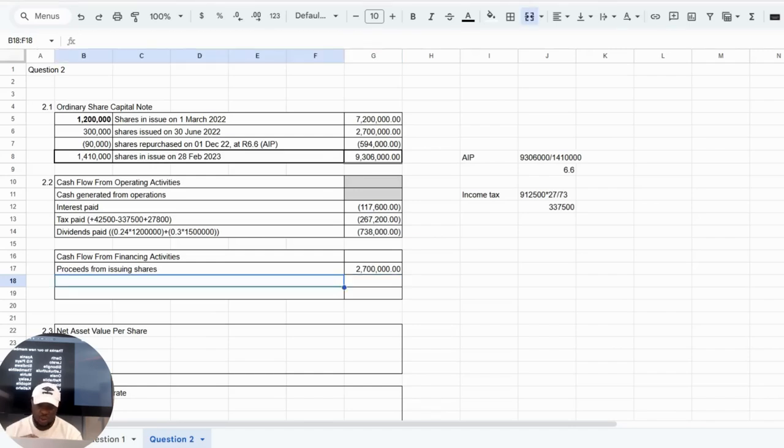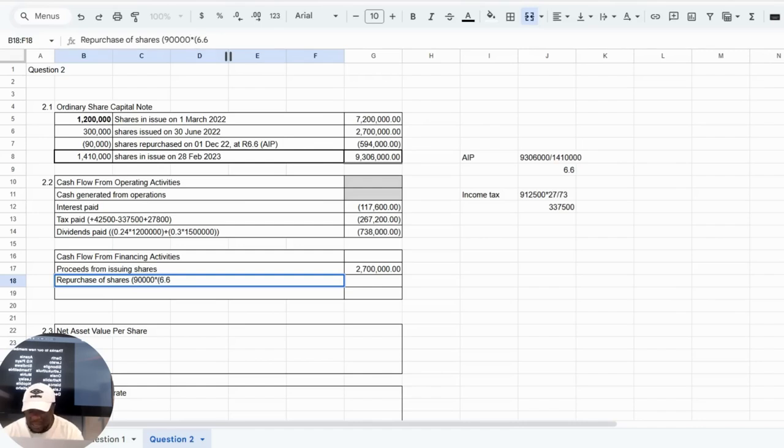Then the next thing that you're going to be looking at is the repurchase of shares. Well, let's think about it. So 90,000 shares were repurchased, and these shares were repurchased at 0.8 above the average issue price. Now we know that the average issue price was 6.6, right? And we need to actually be multiplying here.